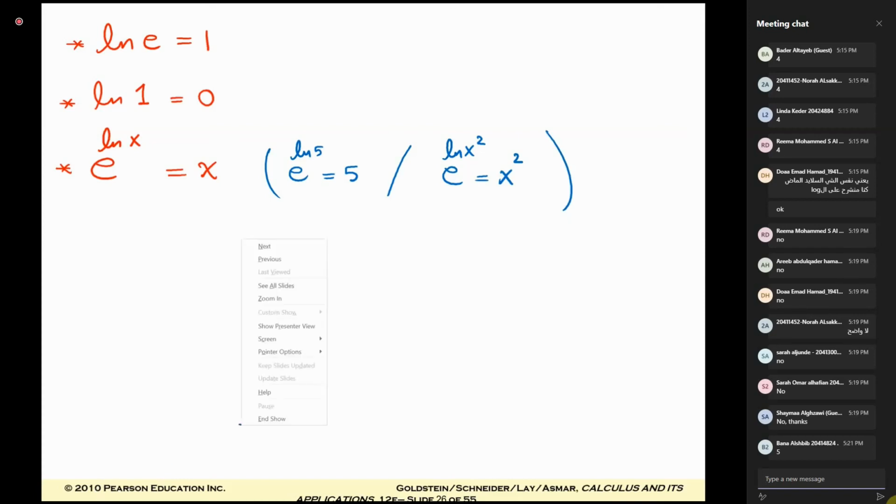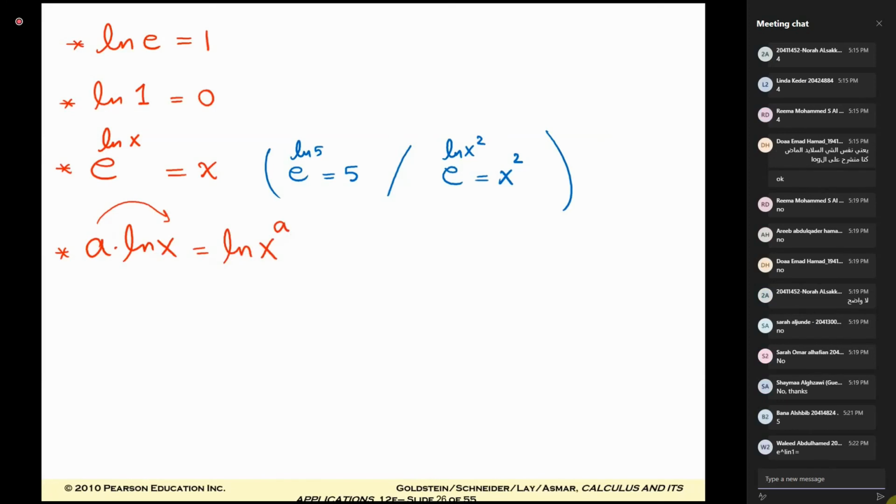Okay, another property: if we have a number outside the ln, we can put it as an exponent inside the ln. So if we have a multiplied by ln x, we can put a as the exponent of x. So we have ln x to the power a.